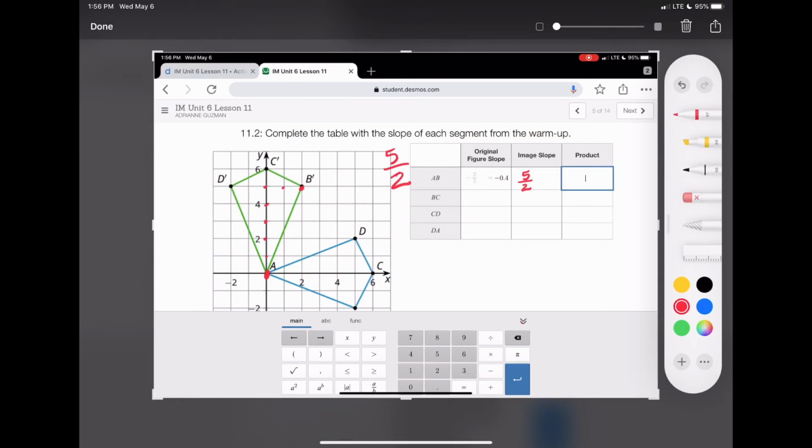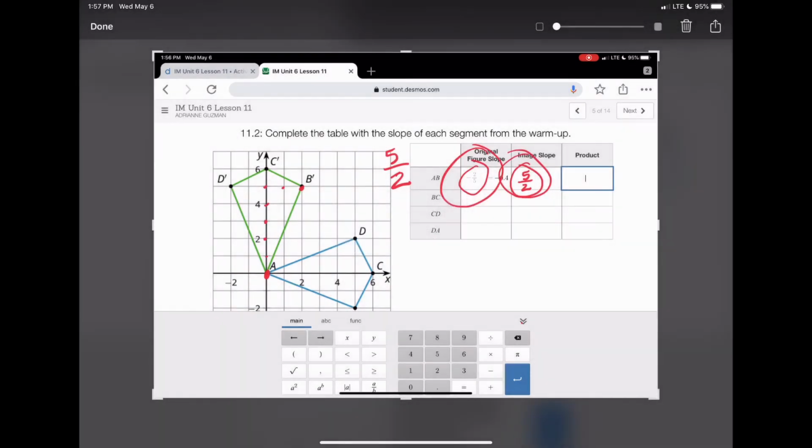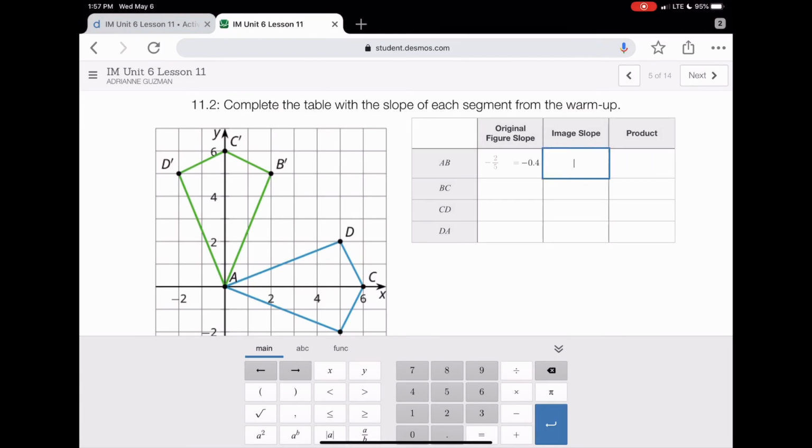Now that's interesting because do you notice something happened here? These are the same numbers, but they're switched, they're flipped. And this one's negative, but this one's positive. So something's going on there. Let me add that here. That's 5 divided by 2. Let's just take note of that for now.